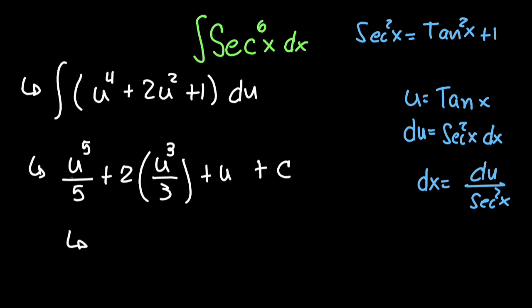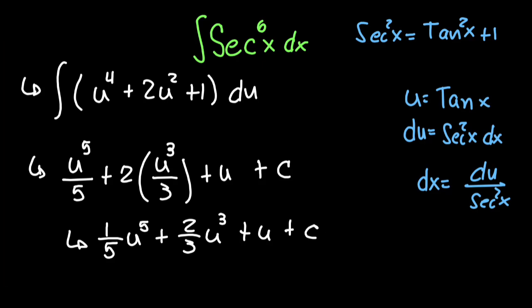For your final answer, you can just put u back into its original form. We can rewrite this first as 1 over 5 multiplied by u to the power of 5 plus 2/3 u to the power of 3 plus u plus c.